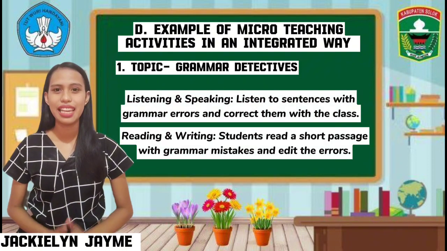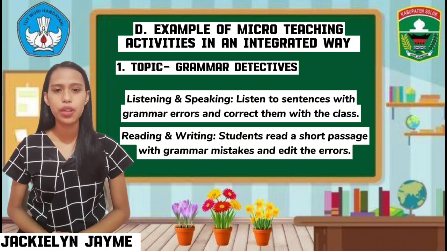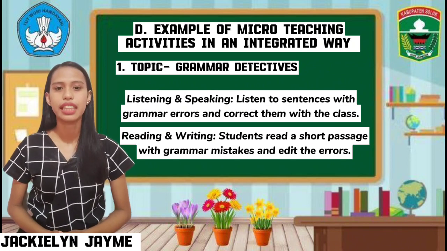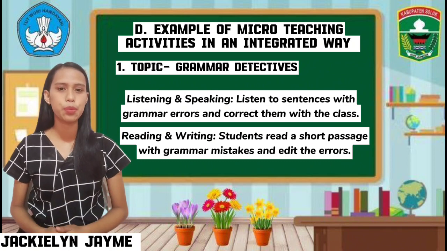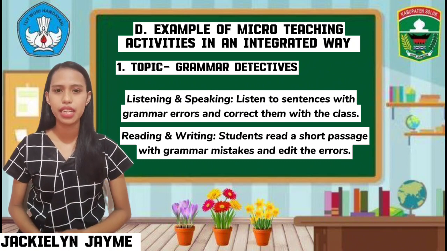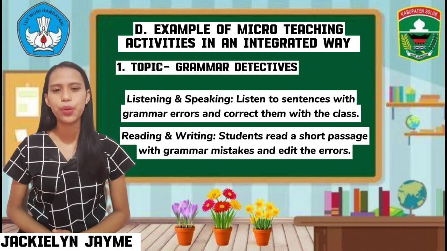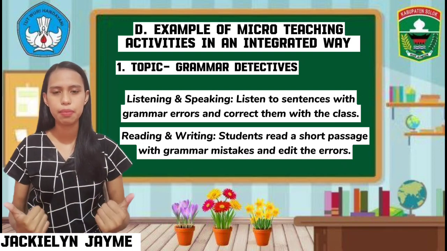Next example is grammar detectives. Grammar detectives is also an example of a micro-teaching activity, where students work on different language skills. They start by fixing grammar mistakes in spoken sentences, practicing speaking and listening skills. Then, they read and correct errors in a passage to improve reading and writing skills.